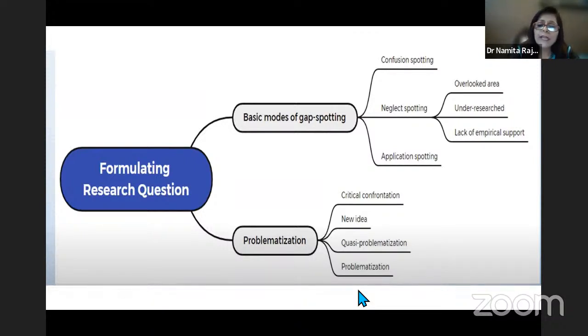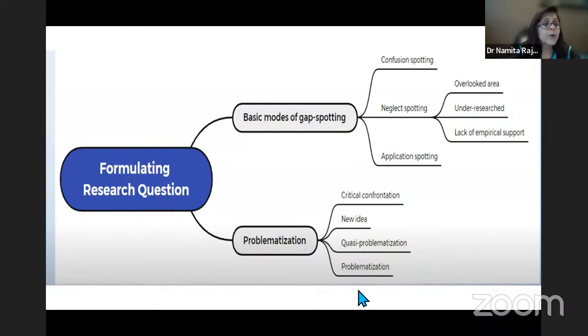Let me tell you very frankly, when you compare the 2 ways of finding the research gap, either by problematization or by gap spotting, 90% of research gaps are spotted by gap spotting, because it is the most favored and less time consuming.